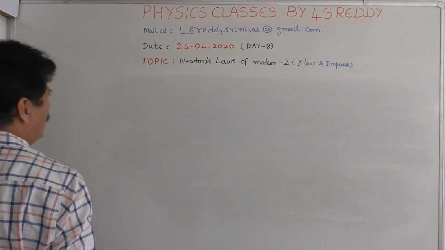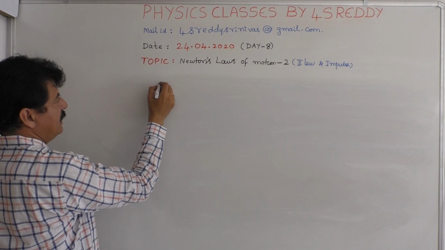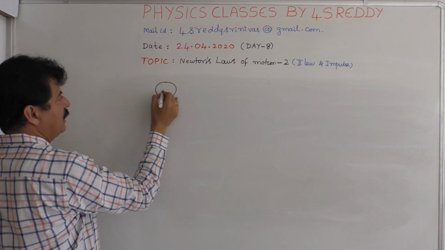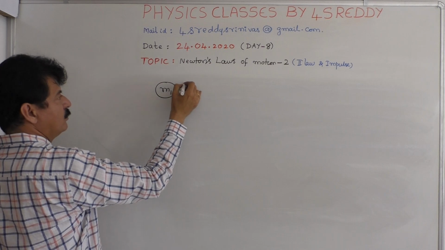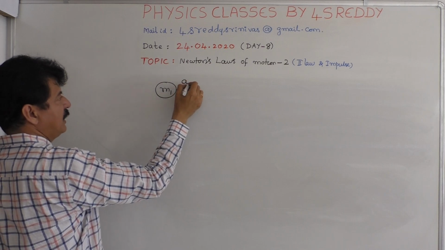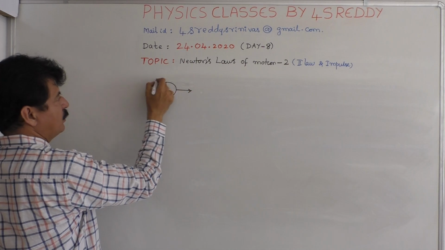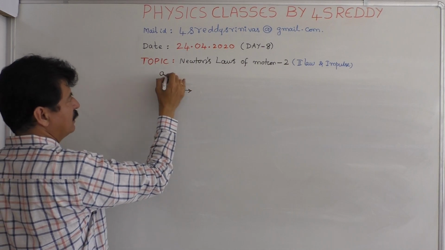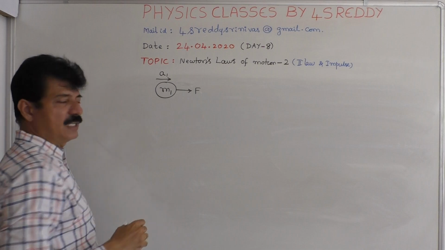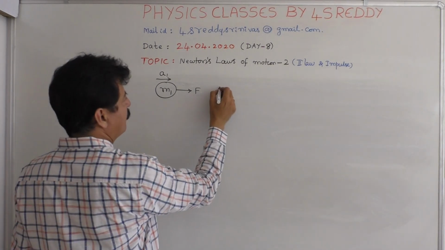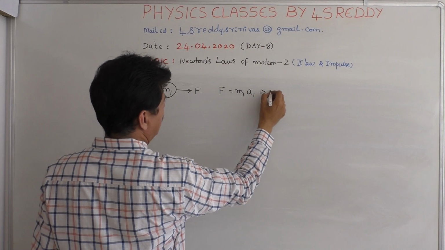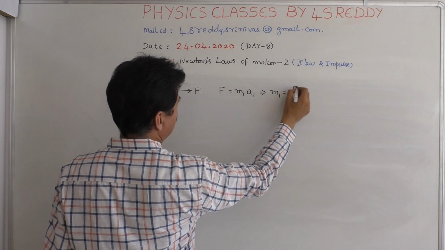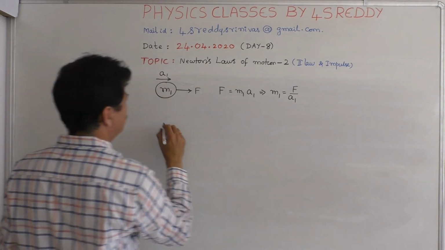Let us say this is a body of mass m1 moving with an acceleration a1 due to the application of force F. Then by definition F is equal to m1 a1, which implies m1 is equal to F by a1.